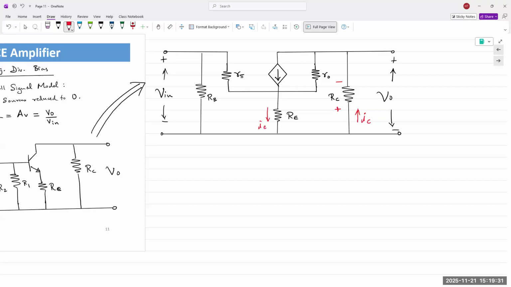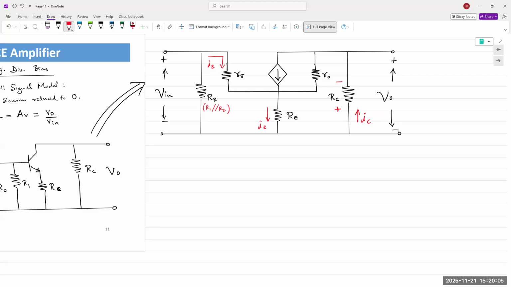IE is going down. RB, of course, is R1 in parallel with R2. IB, the base current, is flowing in through R pi. This current is coming down in RO.